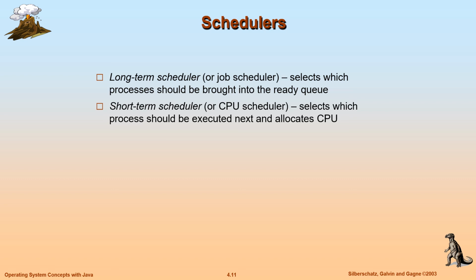It may need to be called only when a process leaves the system. Because of the long interval between executions, the long-term scheduler can afford to take more time to decide which process should be selected for execution.